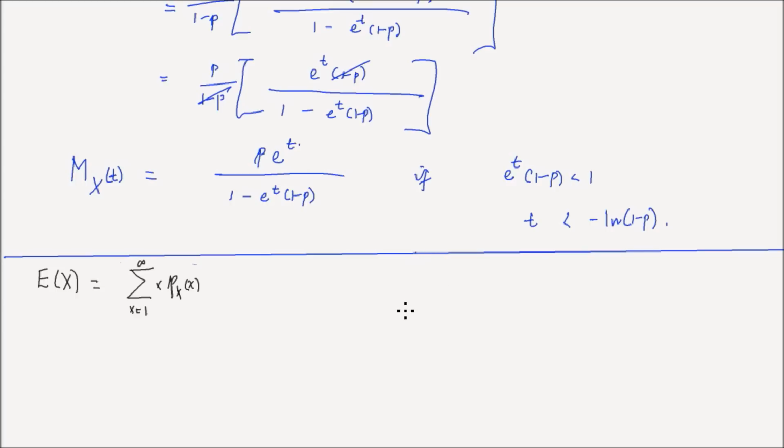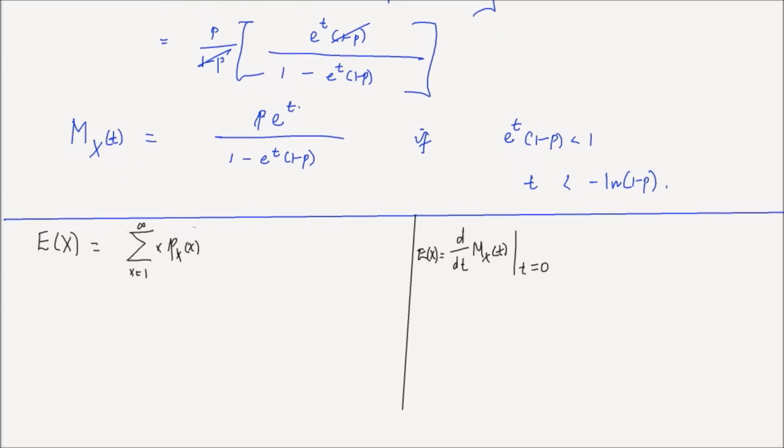The other way would be to use the MGF technique. That is, the expected value of x would be the derivative of the MGF with respect to t evaluated at t equals 0. I'm gonna let you decide which one is easy. So I'm gonna solve first using the definition of expectation, and also using the MGF technique. And you decide what's easier.